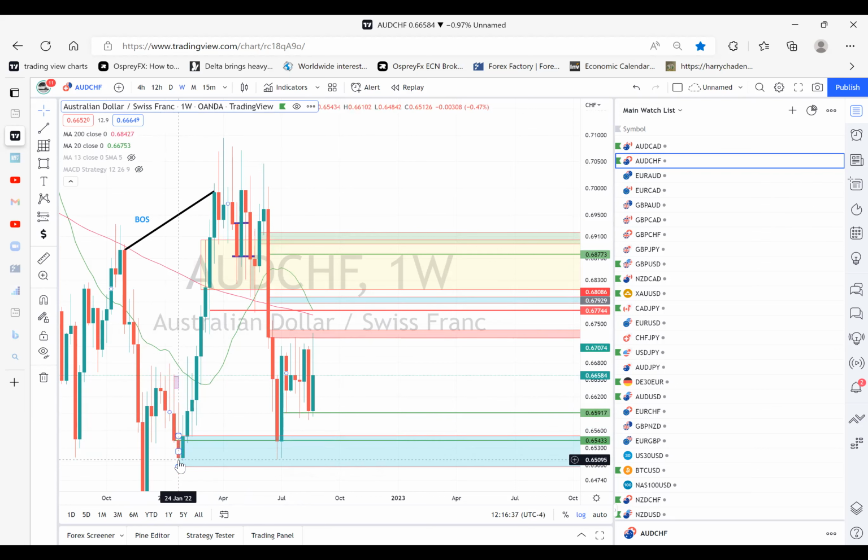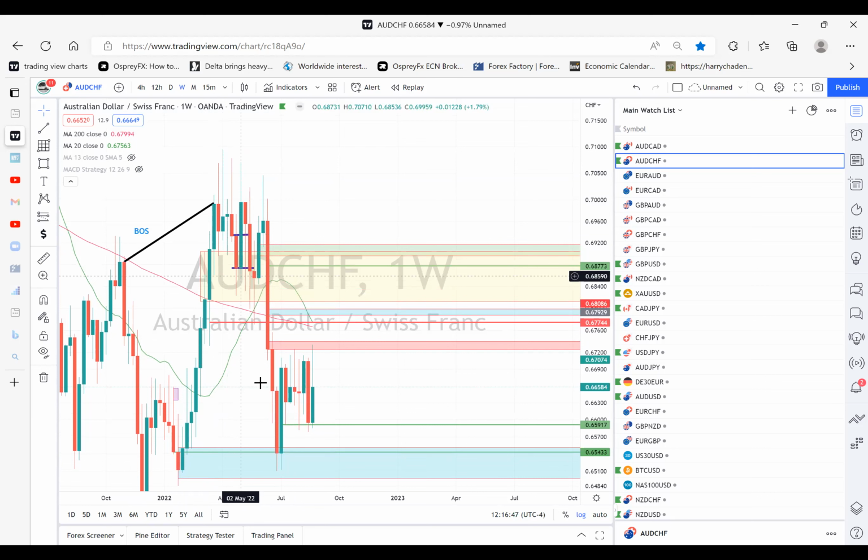So it came down, broke structure to the downside before the expansion, and then came up and broke structure to the top side. And so now it's pulling back to the expansion. It tapped into the expansion and is now going up. Right, I would agree with that, but this needs to break first.